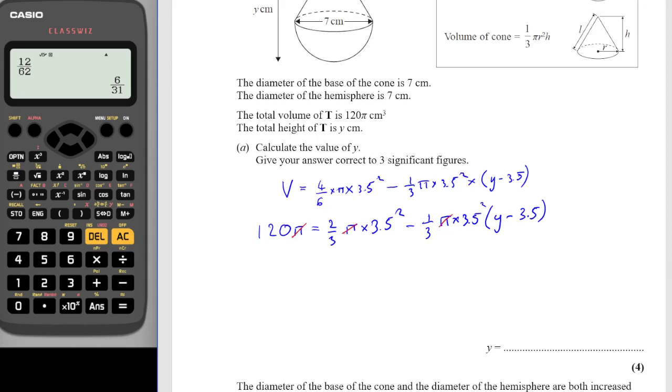I'm going to times by 3, so 360 is going to be equal to 2 times 3.5 cubed minus 3.5 squared times y minus 3.5. I was just thinking about factorising by taking the 3.5 out, but I think that would just bring in too many brackets.